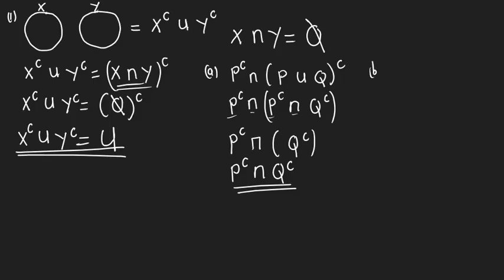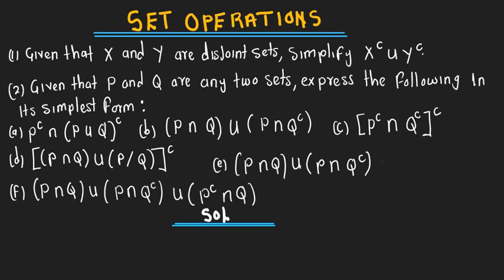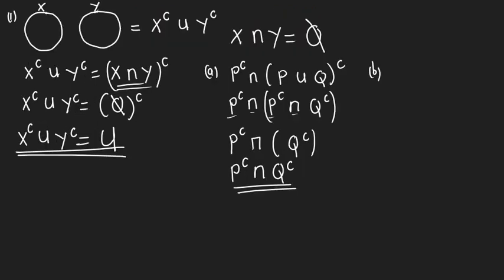We go to B. B, they're saying we are going to have P intersection Q. This is very simple. So we have P, then intersection Q complement. How do we go about solving this particular question?